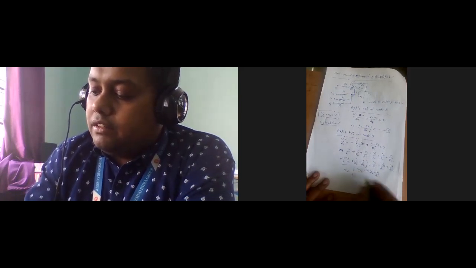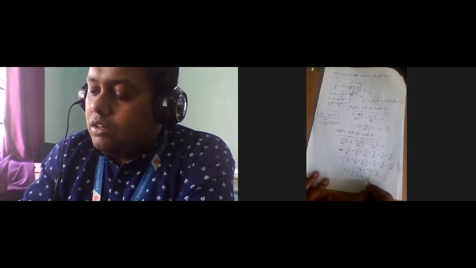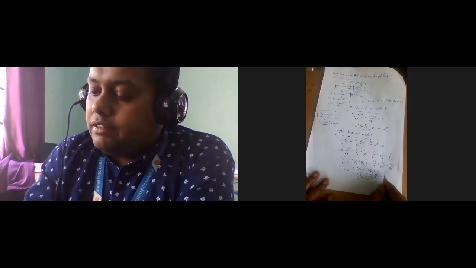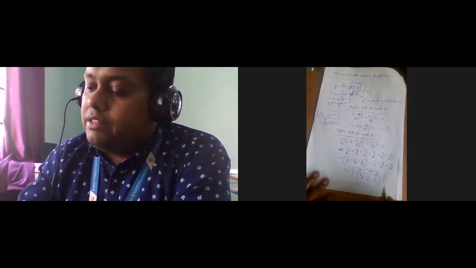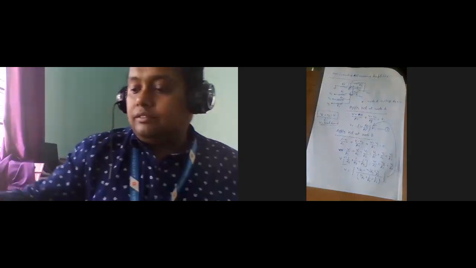So V equals (V1 by R1 plus V2 by R2 plus V3 by R3) divided by (1 by R1 plus 1 by R2 plus 1 by R3). This value is now substituted into the first equation.